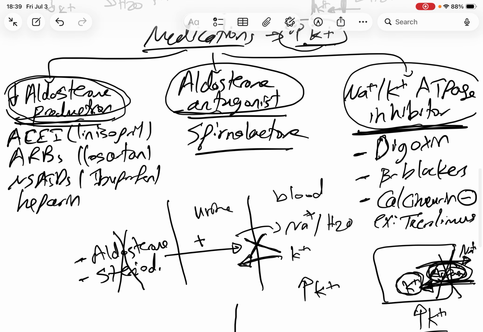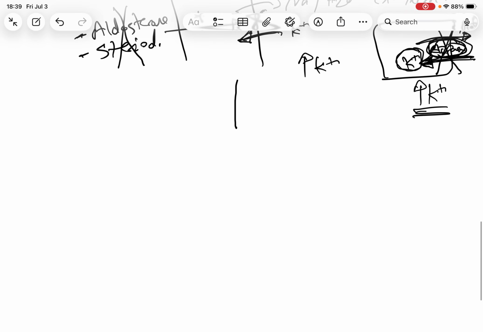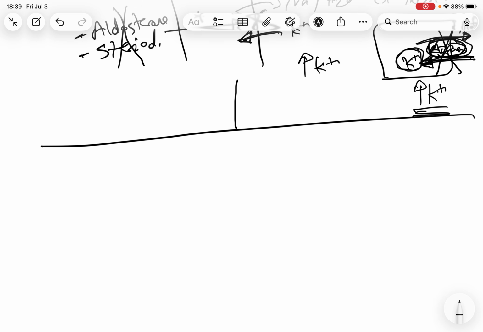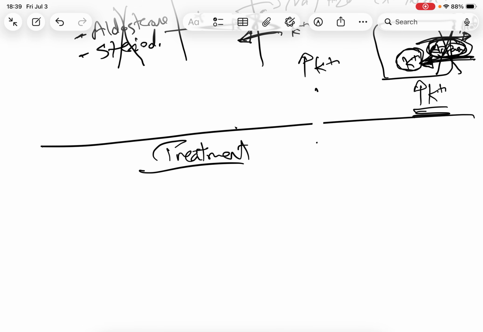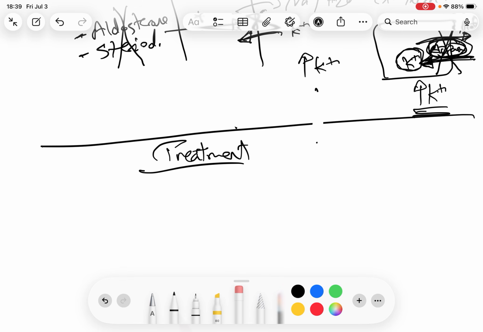So after that, we will talk about the treatment of hyperkalemia. So the treatment of hyperkalemia consists of three main approaches.